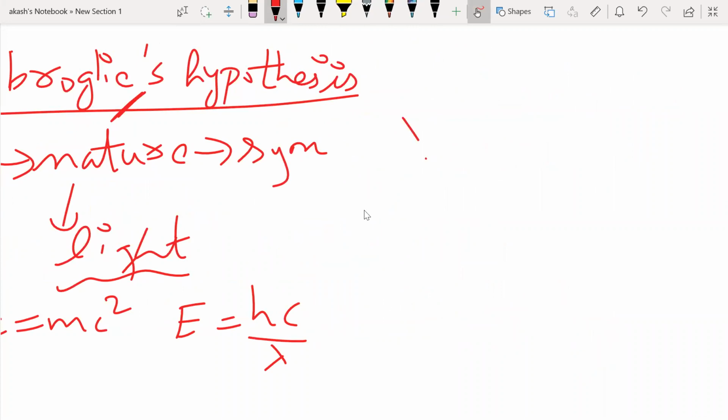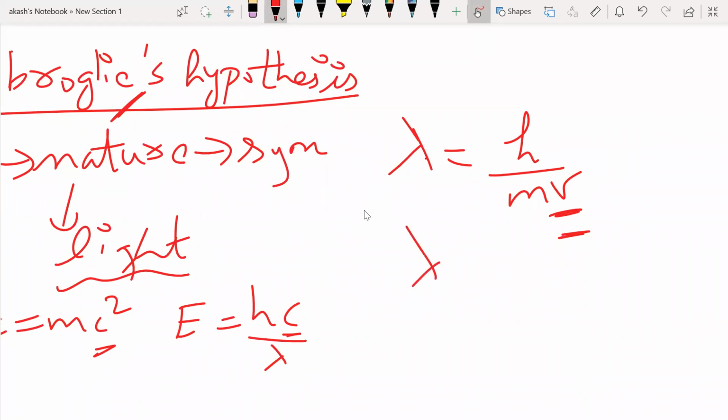If you equate them both, you get the lambda value as h by mv. I'm not going to use c, because c is only for light. For any other system, you use the velocity of that particular system here. Or I can even write h by p. P is the momentum, P is equal to mv.